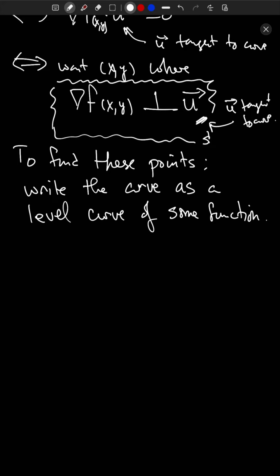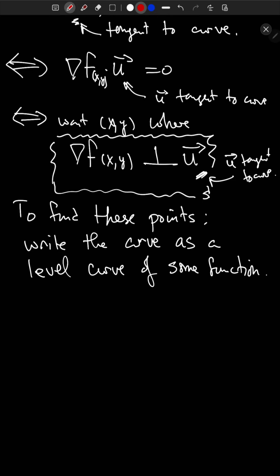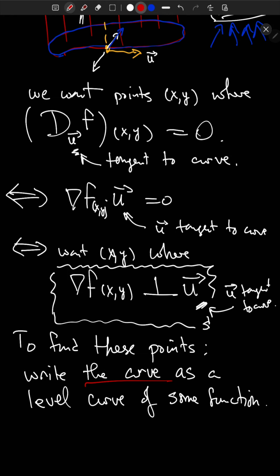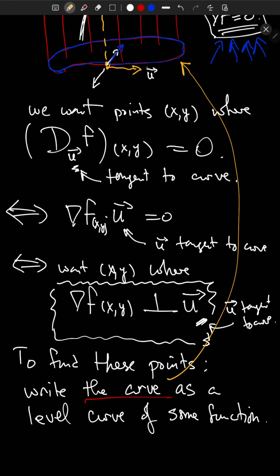So what do I mean by write the curve? By the curve, I mean this curve down here, the curve in the domain that we're interested in, the picture of the road on our map. We want to write this curve as a level curve of some function. It doesn't matter what function. Well, it matters a little bit, we'll get into that, but for now it doesn't matter.